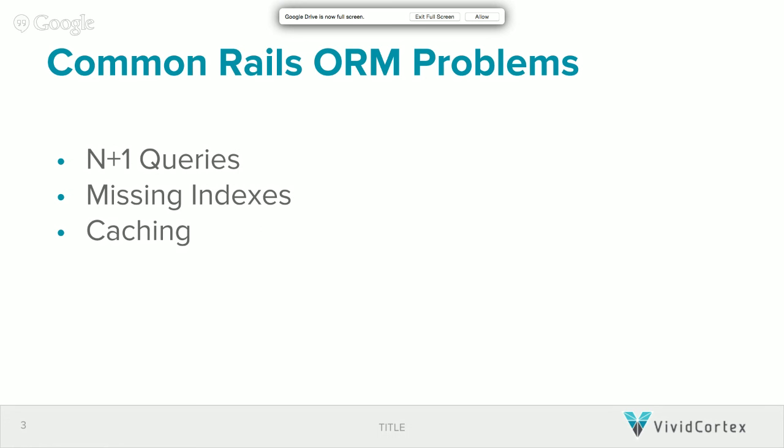I set up two actions in those controllers. One we call the before action, which is the code that has a problem, or the misuse of the ORM, and then the after one that correctly uses the ORM or calls the correct database tables.